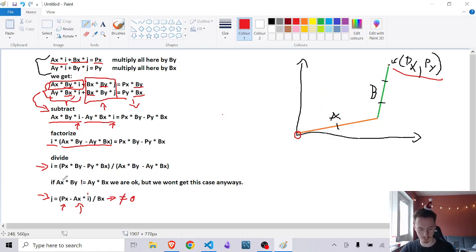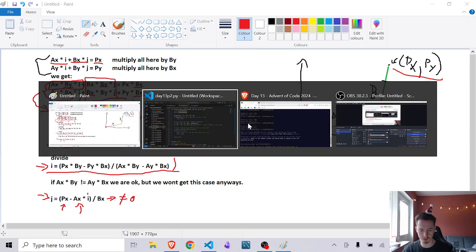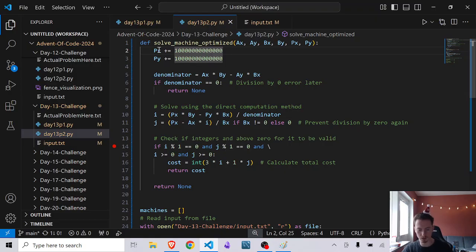So now that we have this equation right here, which is what is going to help us, we can implement it in Python. I've added the numbers to px and py because that's what we're supposed to be working with, and then I've made the variable denominator, which means the thing that it's divided by.